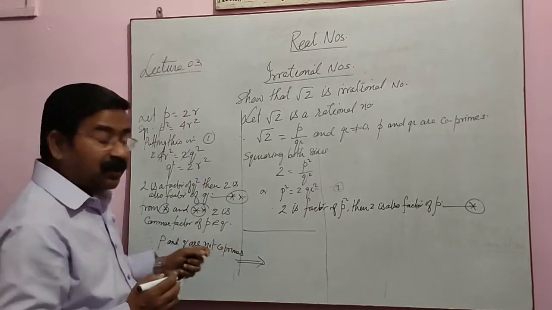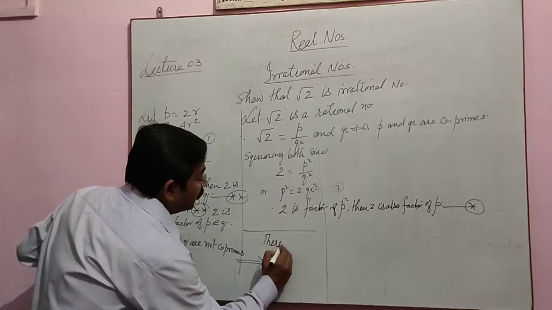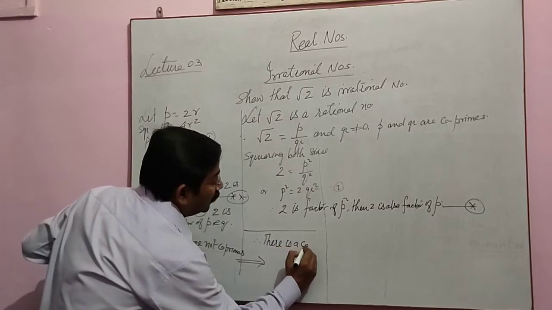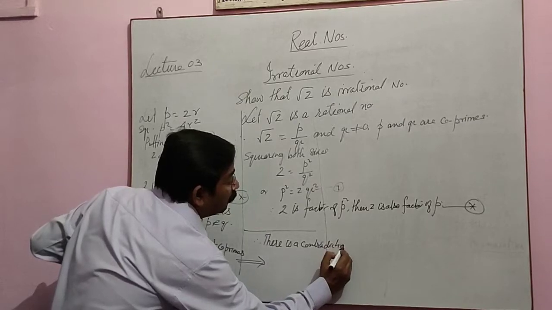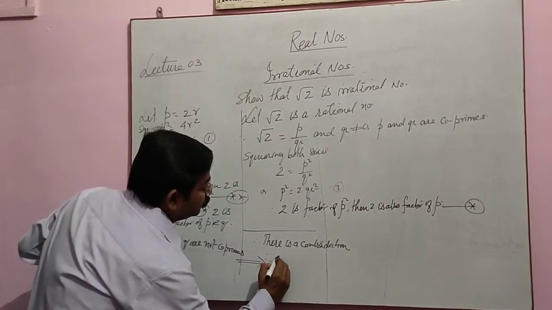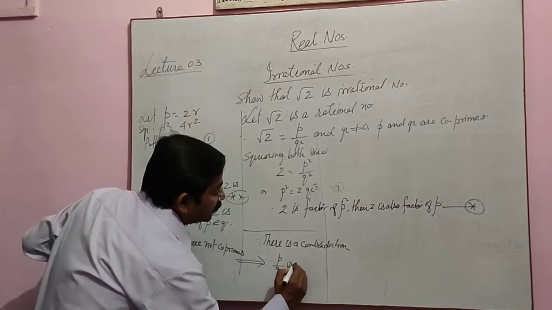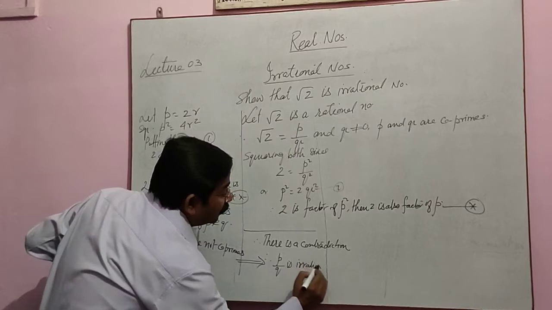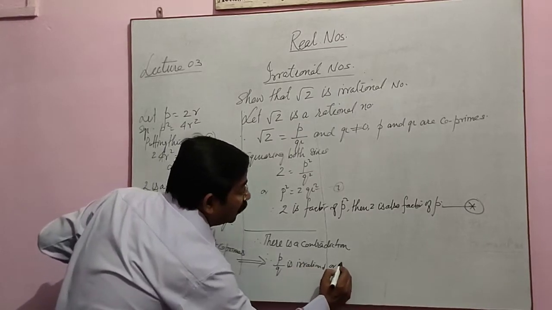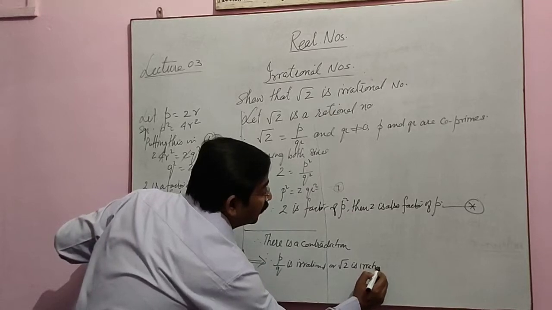Means this is a contradiction. Therefore, we write there is a contradiction. So, p upon q is irrational, or under root 2 is irrational.